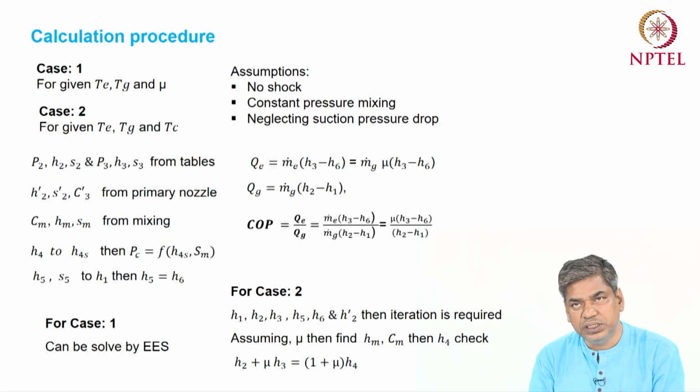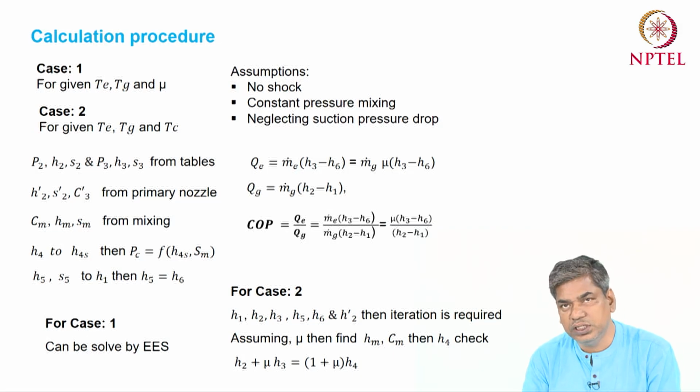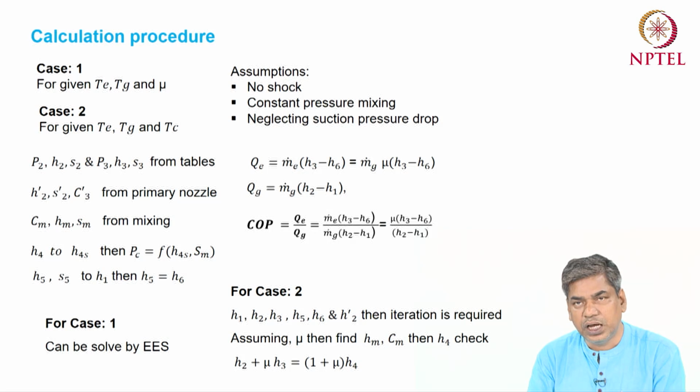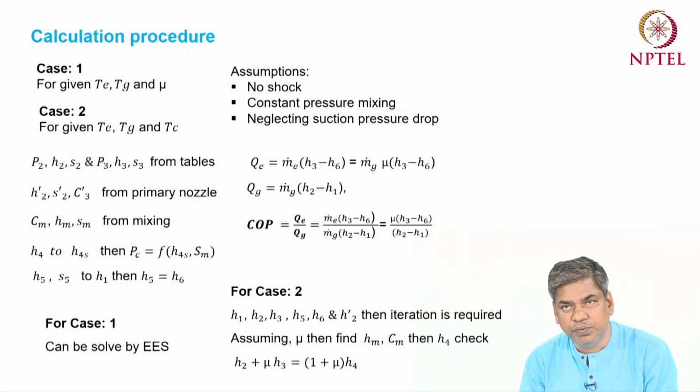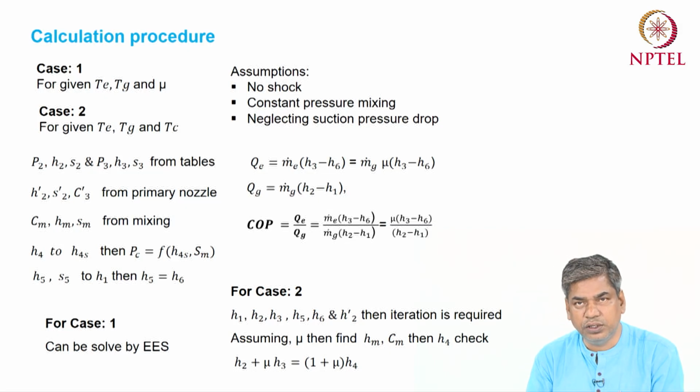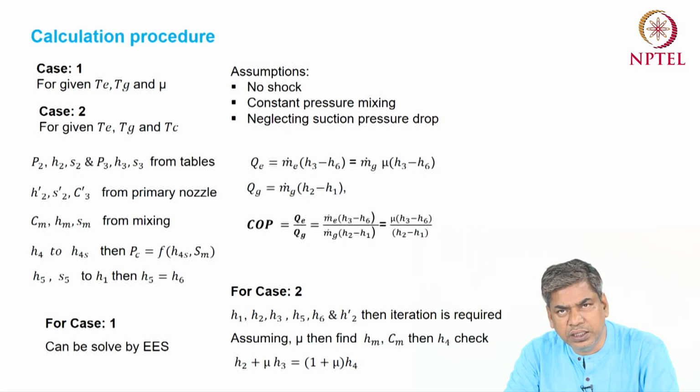So, based on these three main assumptions, for these two types of cases, how can we solve it, or what will be the calculation procedure, or what will be the steps? Okay. So, you can see these are some of the important calculation steps which I have discussed in the previous slides also. State point 2 and state point 3 are both saturated vapor.